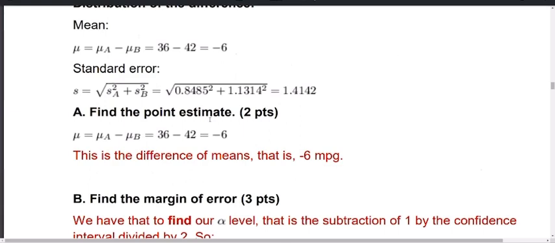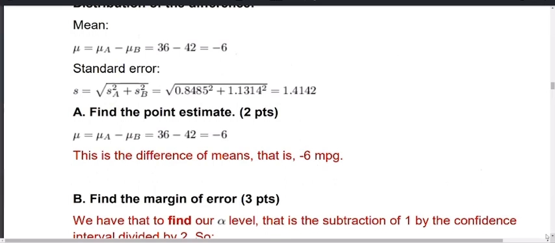For the point estimate of the difference, you just subtract the two means given, which gives you -6. The mean of A is 36, the mean of B is 42. Take note of that. So the mean of the difference is -6.